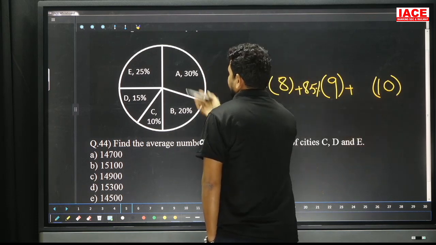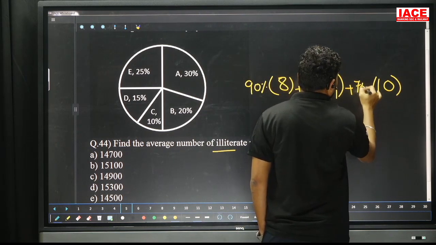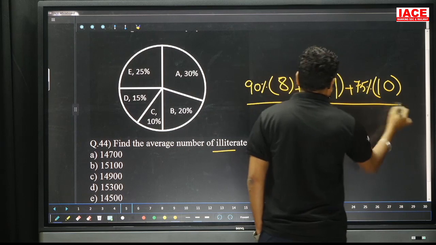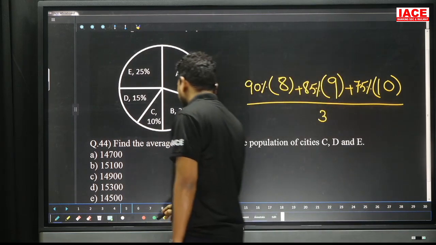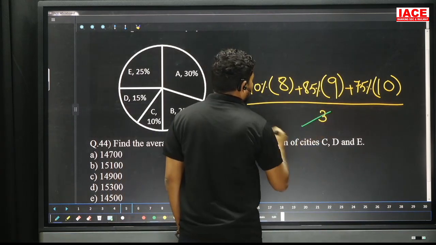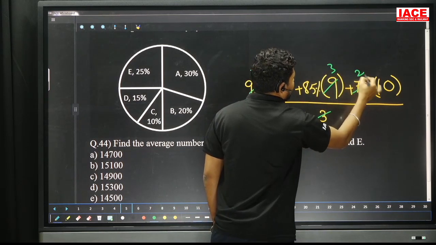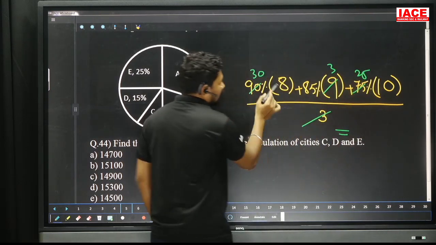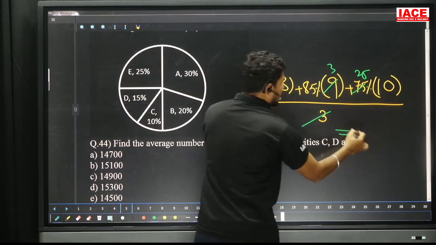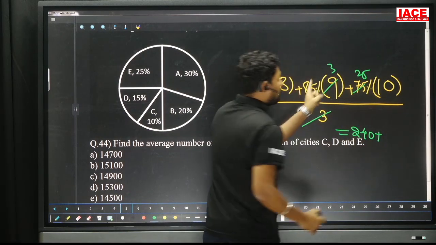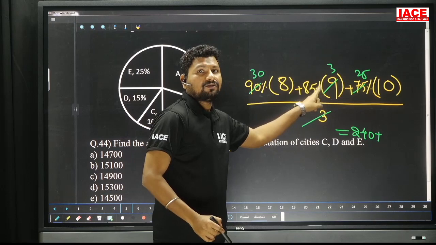And E is 25% literate, so 75% is illiterate, divided by 3. For the average we have to make the denominator 3. 3 thirties, 3 threes and 3 twenty-fives. 3 eights are 240, next 85 times 3 is 255.